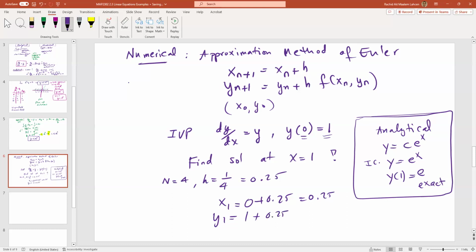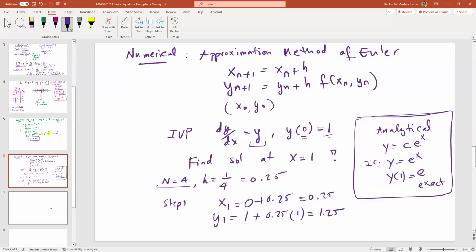And f of xn, yn just means y0. In the previous video we went into more details, but that's how you work on this. So 1.25. And of course, you get the idea. This is step 1. Remember, these are 4 steps, so it's not going to keep going forever, just 4 steps.